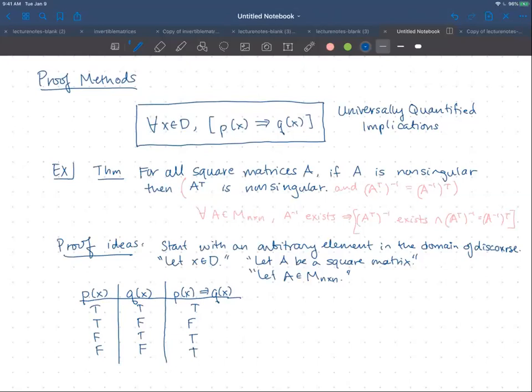Okay, so we want to show that this statement is true, and there are a couple ways that we could do this. So notice a couple things here. If P of x is false, the statement, by which I mean the implication, is automatically true.